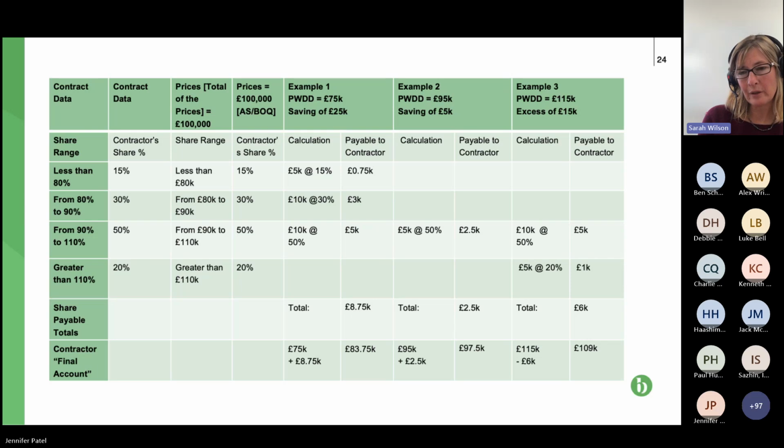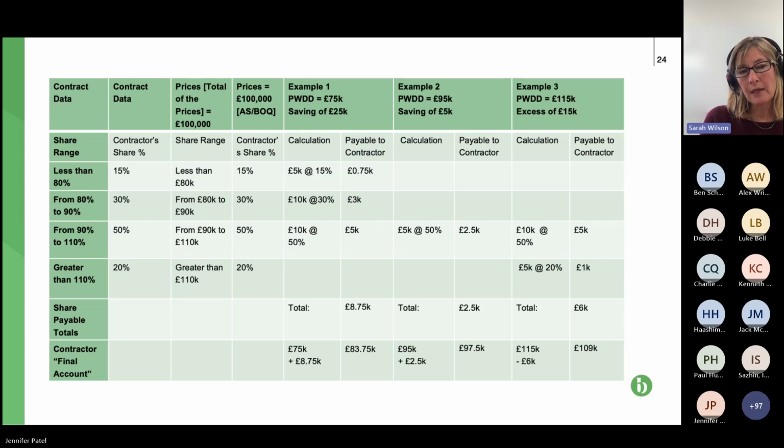I think we had 3 options in the contract data, but there are more here. So if you look down on the left-hand column, the share ranges: less than 80%, from 80 to 90%, from 90 to 110%, and greater than 110%. So they're the share ranges.